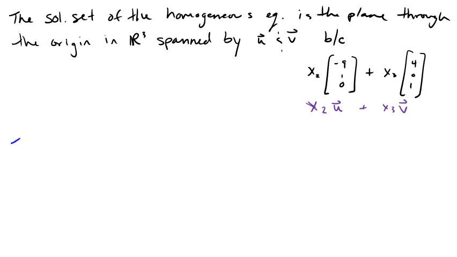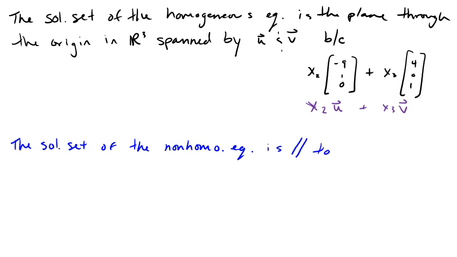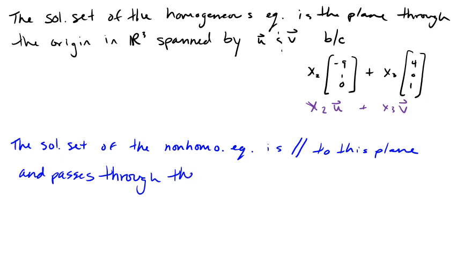Now, the solution set of the non-homogeneous equation is parallel to this plane stated above and passes through the point P equal to -2, 0, 0.